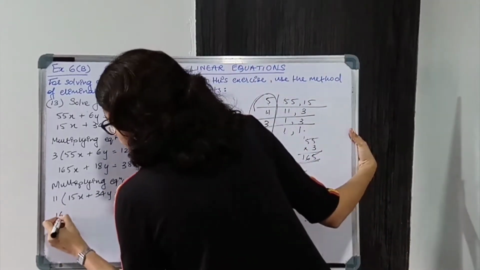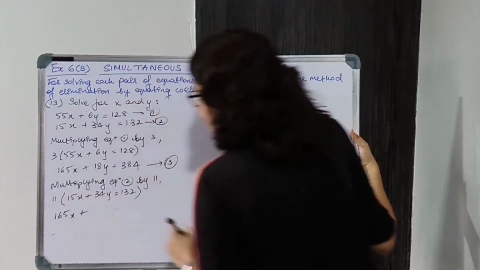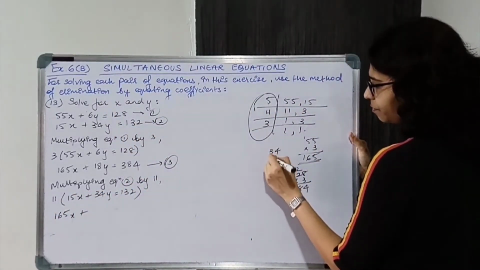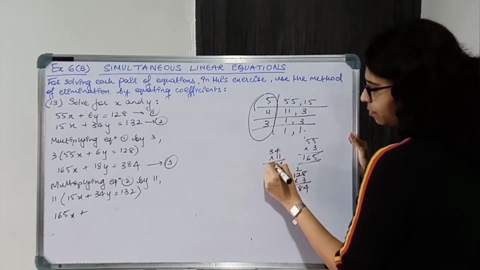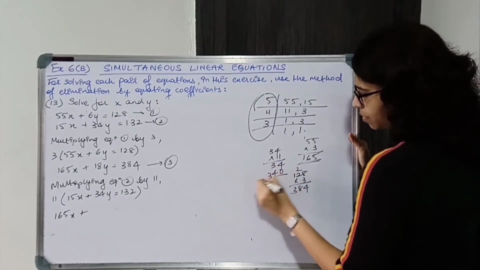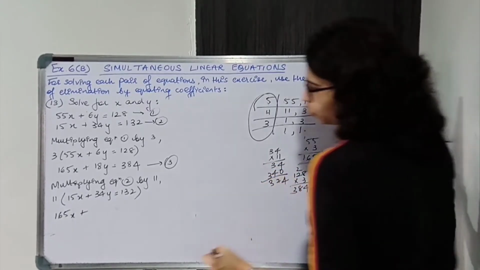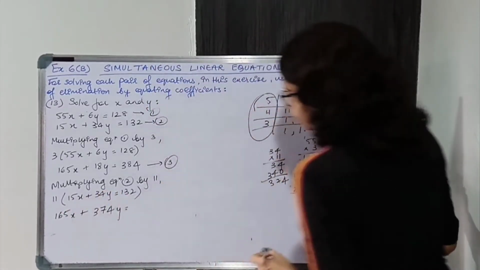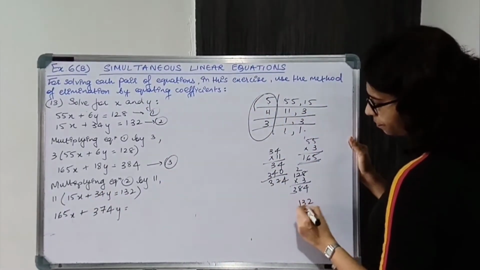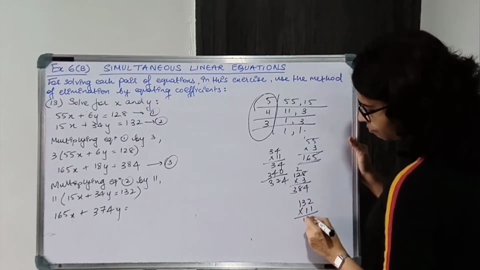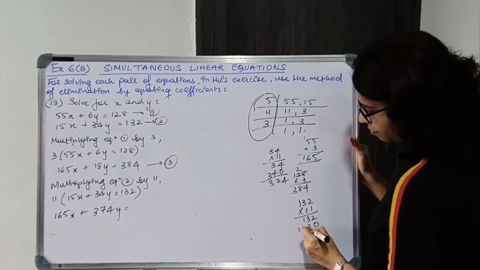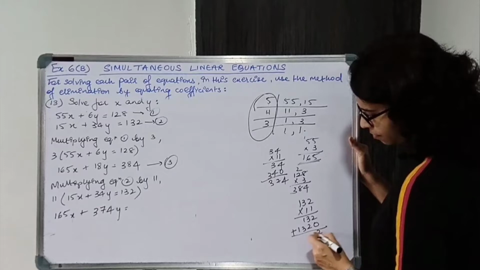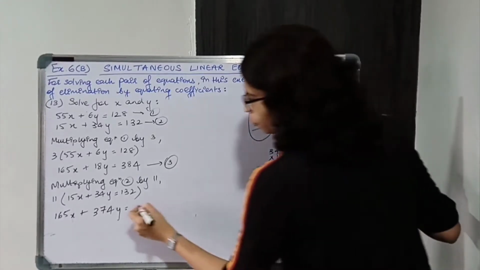So this will give 165x. 11 into 34 will give 374. Okay. 11 into 132 is 1452.